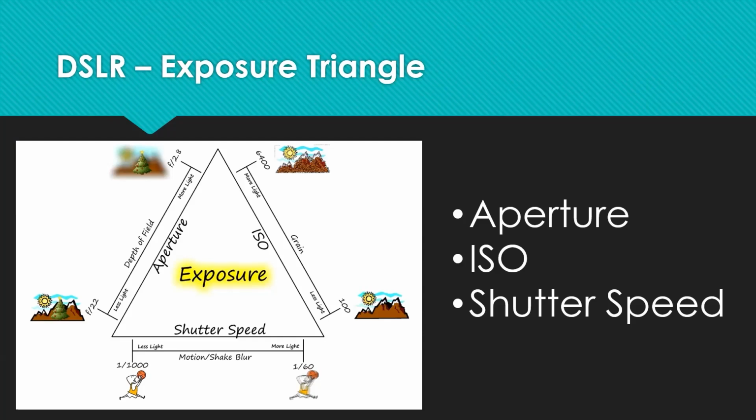Now coming to the ISO. When the ISO value is high, like 6400, you can see that the image, the mountain and the sun, gets very grainy. More light is allowed in, the camera becomes too sensitive, and the image gets very grainy.